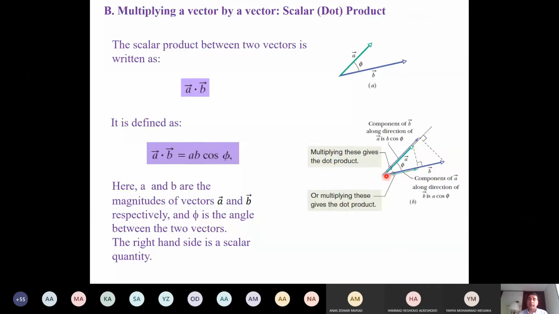Okay, so Ax of A is along vector B, and here we are assuming this vector B is similar to the x-axis, like what we used to use. Okay, so Ax, which is A cosine theta times B, is going to give us the scalar product, and it will also be seen as the component of vector A along the direction of B.